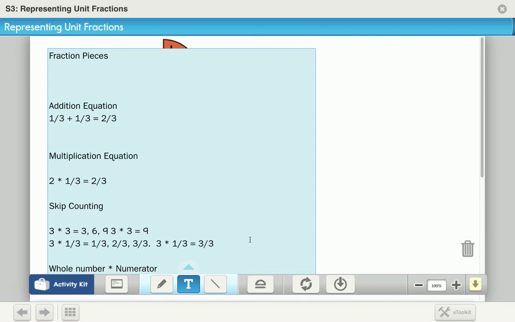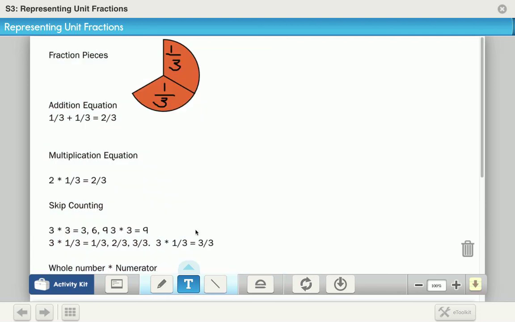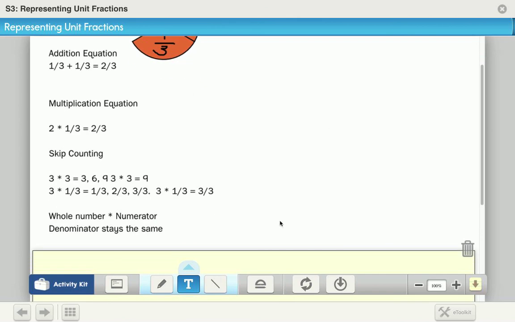Now, if you look at the problem, 3 times 1/3 equals 3/3. And I'm going to write it out over here with the fraction bar going straight across. So I think it's a little bit easier to show it here.